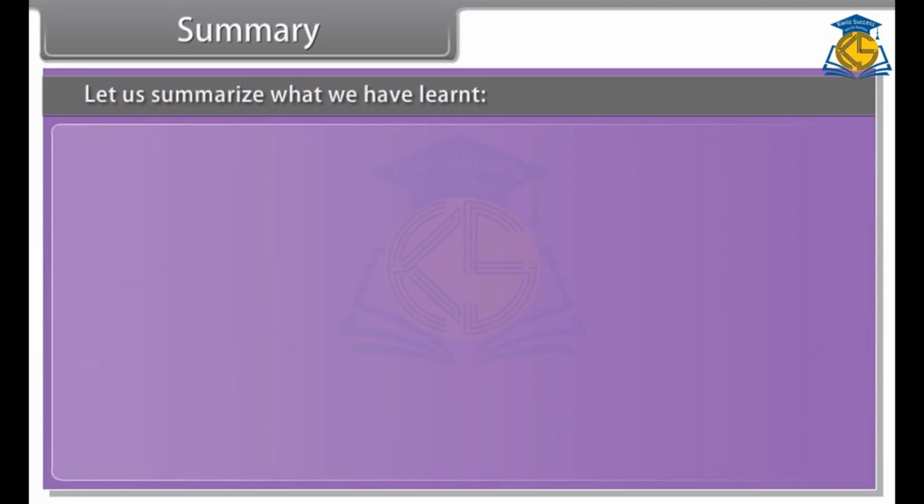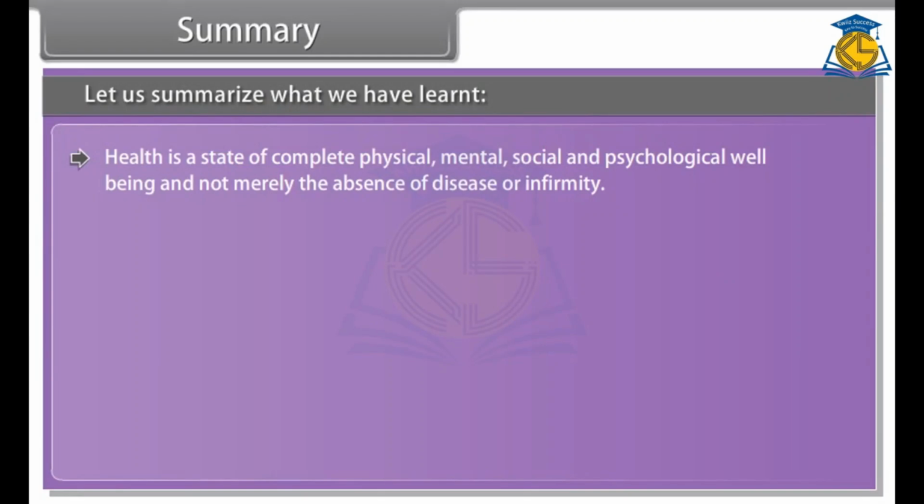Summary. Let us summarize what we have learned. Health is a state of complete physical, mental, social, and psychological well-being and not merely the absence of disease or infirmity.